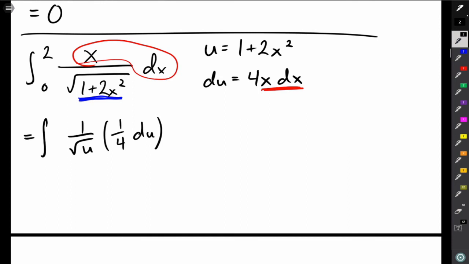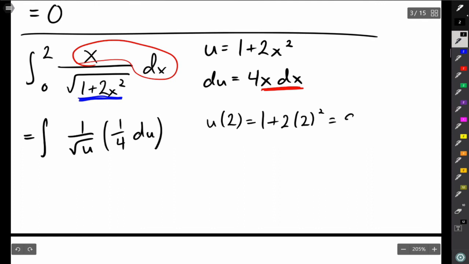And again, to change these bounds to the new ones, we just need, well, what is u of 2? Plug that in, 1 plus 2 times 2 squared, which is 9. So the top bound turns into a 9. U of 0 is 1 plus 0, which is 1. So the bottom one turns into a 1.